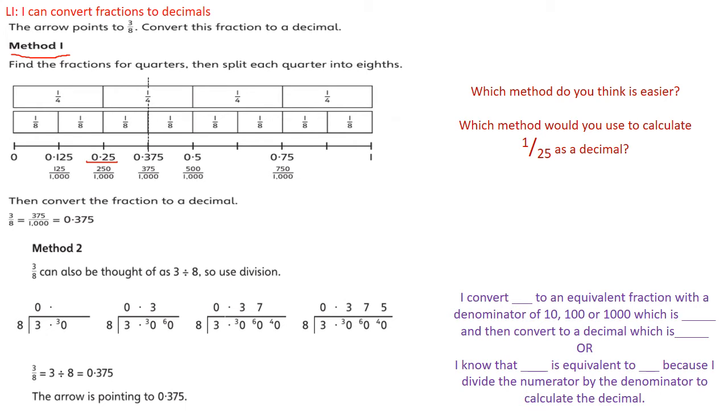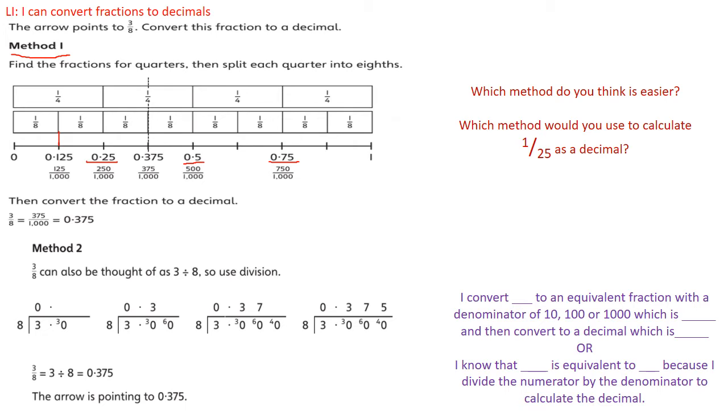That's one of the ones that hopefully eventually you will just remember, just like you know that a half is the same as 0.5 and 3/4 is the same as 0.75. Now, if we split every quarter into 2, that means we are splitting them into eighths. So what is the equivalent decimal to 1/8?